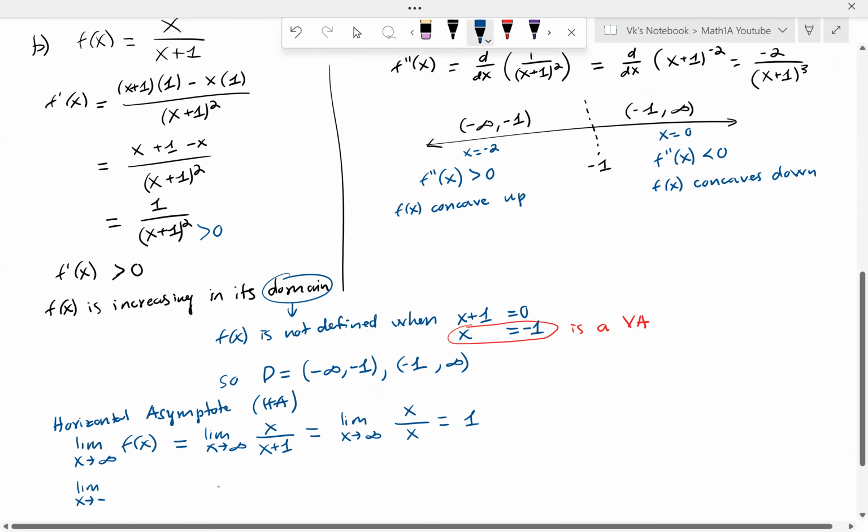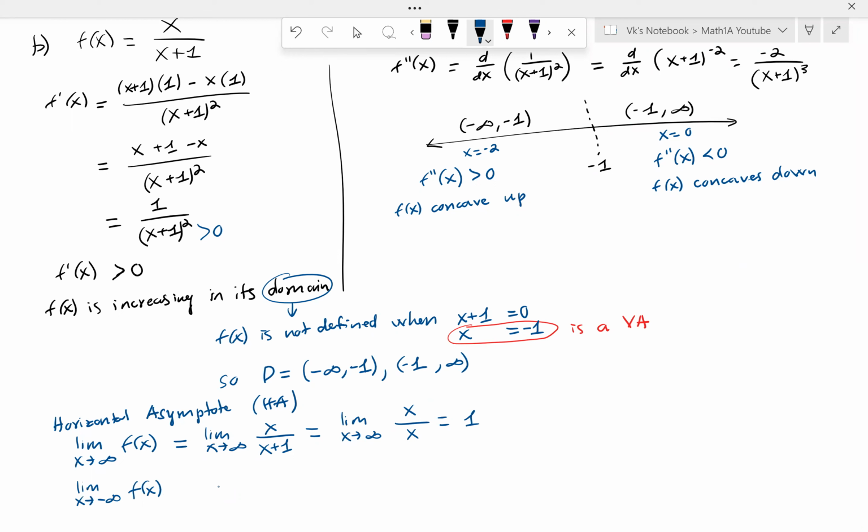The limit as x goes to negative infinity of f(x) is the limit of x over x plus 1, which is the same as taking the limit of the leading terms, because leading terms go to infinity the fastest, x over x, which is also 1.